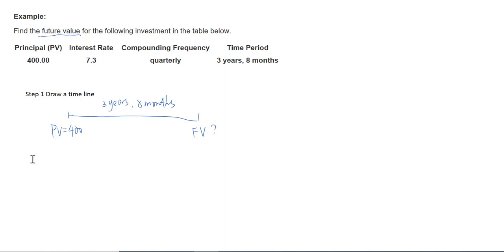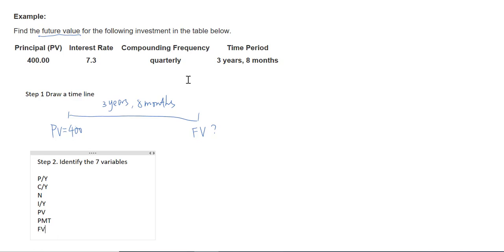So step 2, we need to identify the 7 variables. They are PY, CY, N, IY, PV, PMT, and future value.